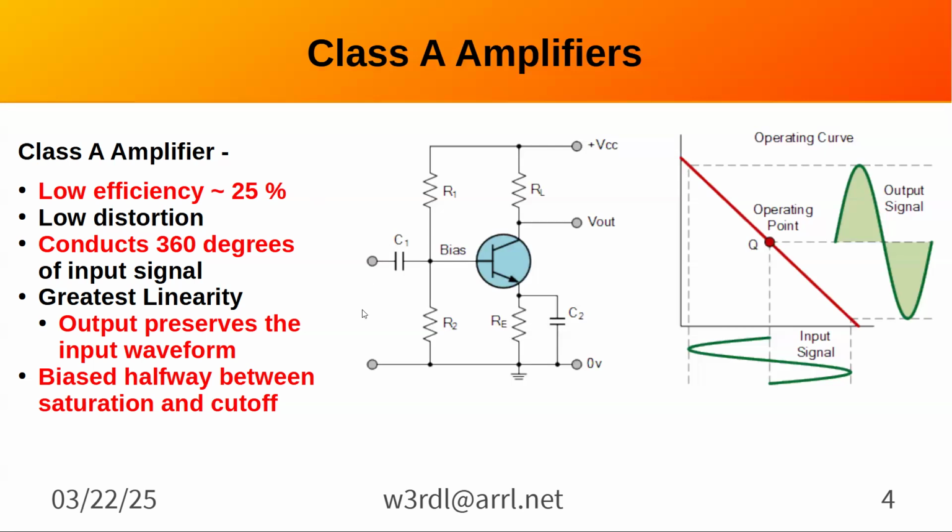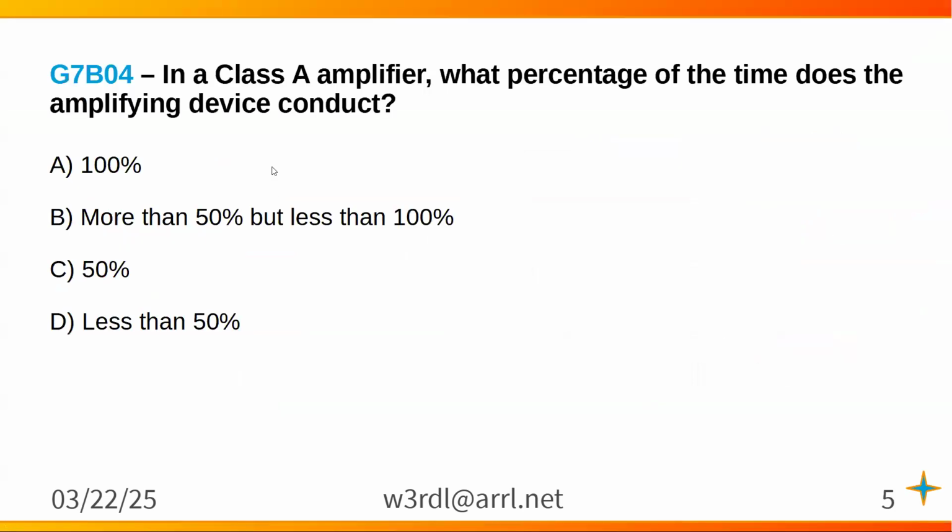The main thing is it's the most linear and it preserves the input waveform as much as possible. So what percentage of time does a Class A conduct, percentage-wise? 100.